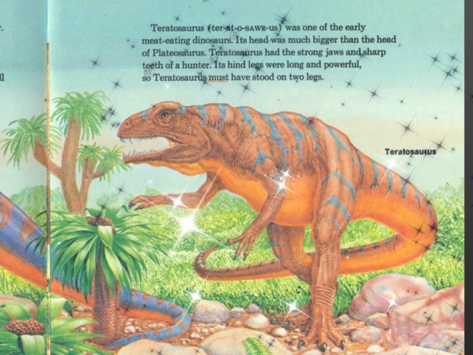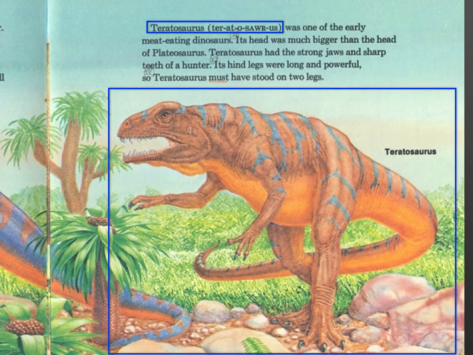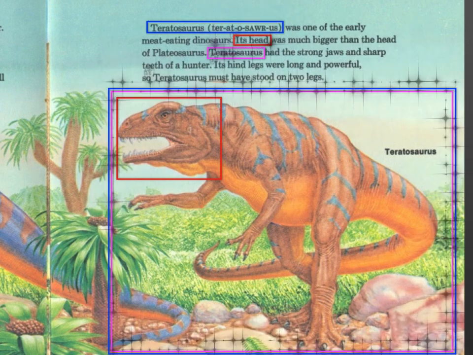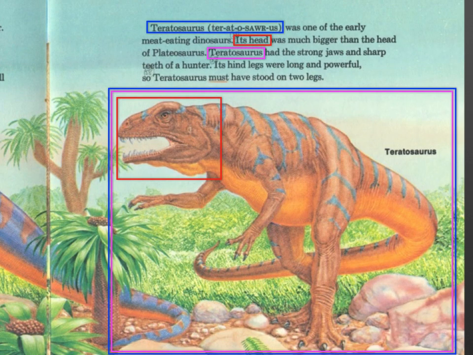So it starts with Teratosaurus, and that's an indication that you scan the whole creature. Then it moves from the whole creature to body part, its head. And if you turn to the image of Teratosaurus, then you have a guidance that you focus on the head in viewing it. Then you return to the whole creature, more about the body parts.